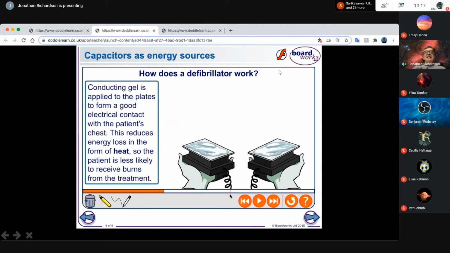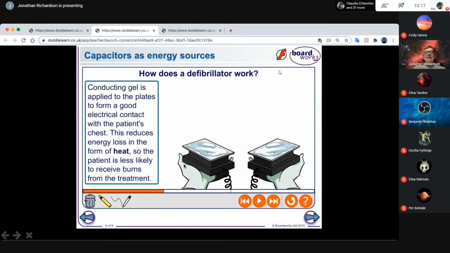So you need a good electrical contact. This gel will be a very good conductor of electricity, because the electricity that gets onto this plate needs to be transferred out. So it reduces the loss in the form of heat.